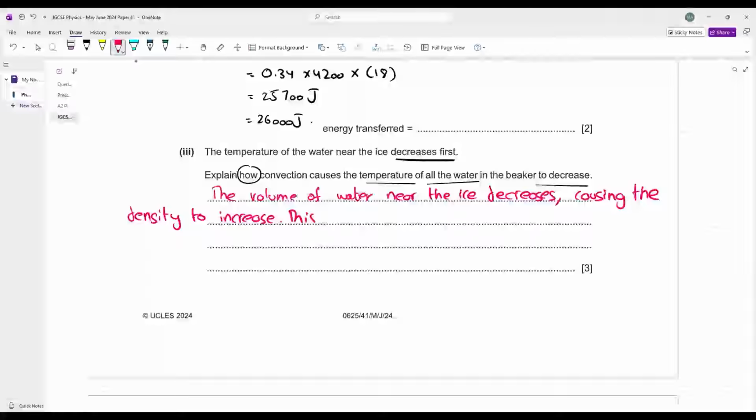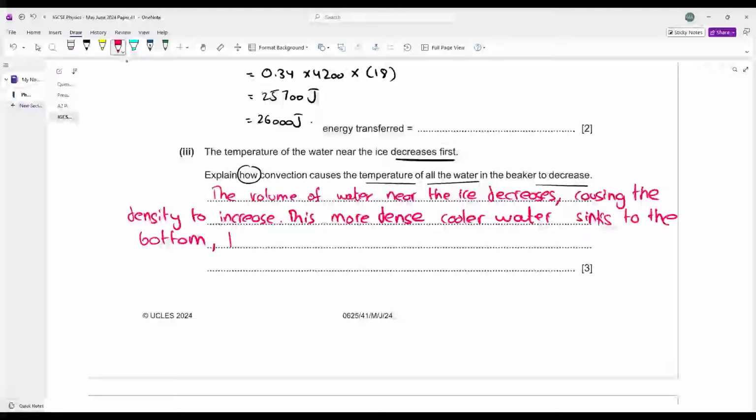This more dense, cooler water sinks to the ground, sinks to the bottom, कह लो, to the ground, कह लो, sinks to the bottom.